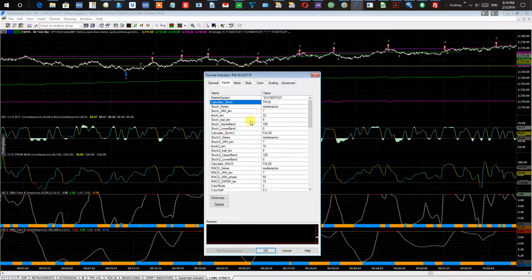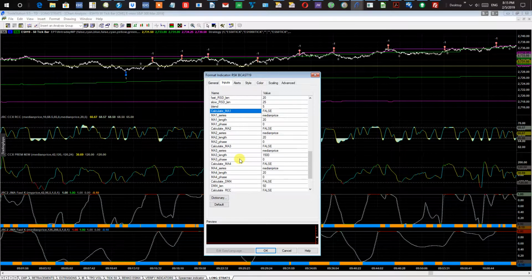They include stochastics, the MACD, the CCX indicator, VEL, the RSX JMA, the RSX double, as well as the Jurik moving average. And we use 4 different moving averages, as well as the DMX and Spearman's RCI, also known as the RCC.